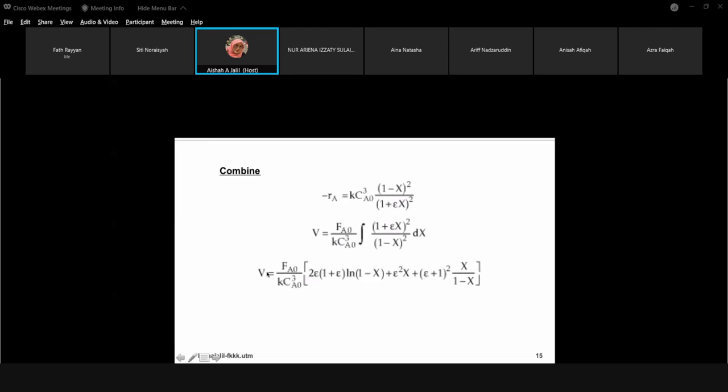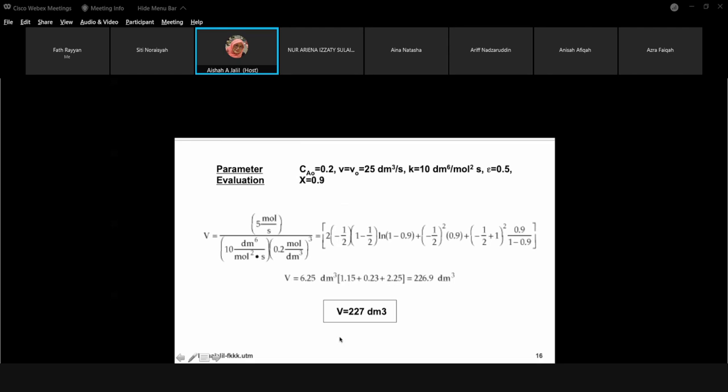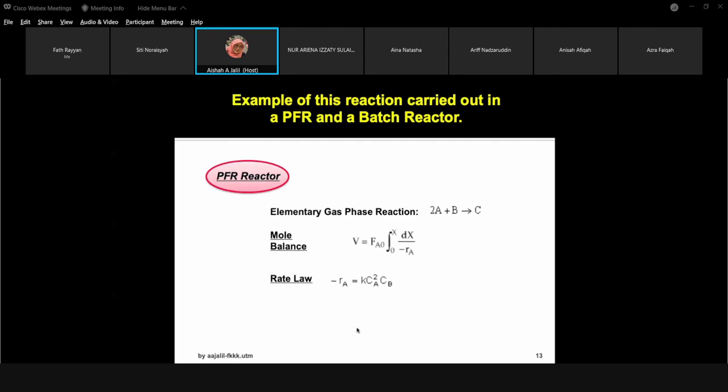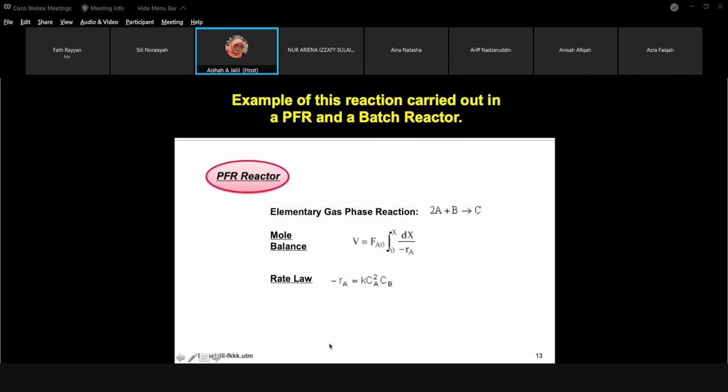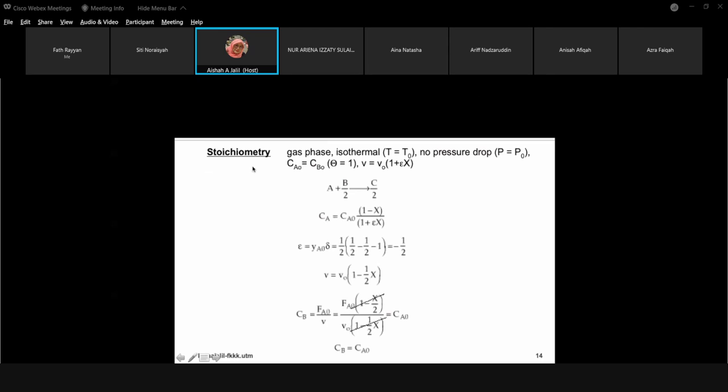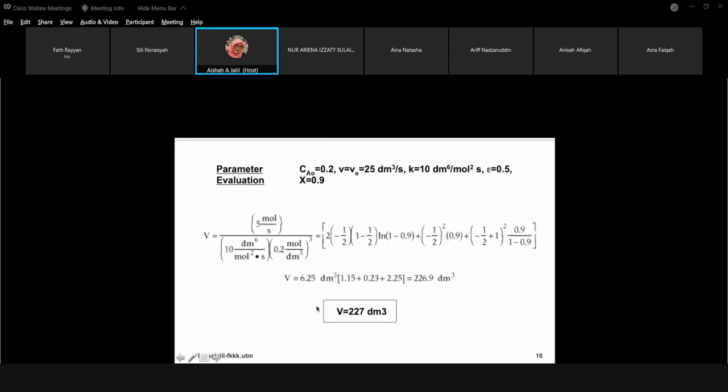Then from this one you can get this one. Then when you calculate the V for the PFR, you get this one. Can you remember the V for the CSTR is 1701, right? Okay, this is the V when they use the CSTR. When they repeat the same question using the PFR, the V is reduced, just 227.